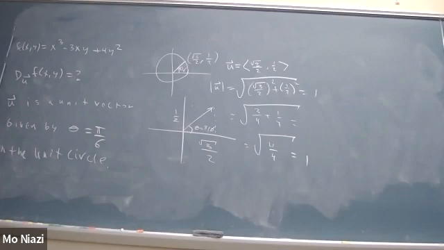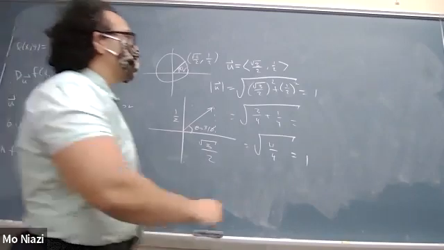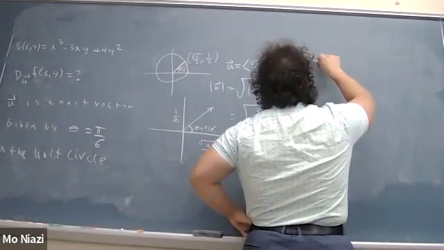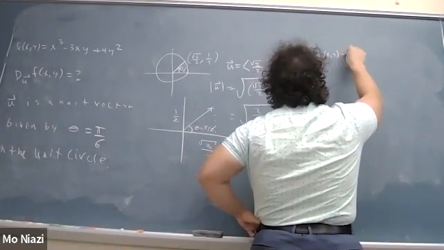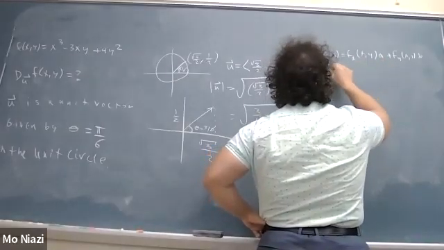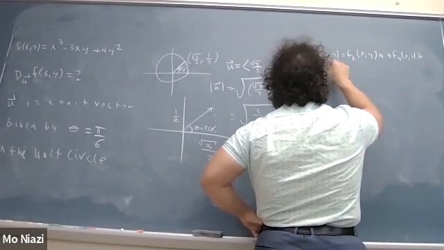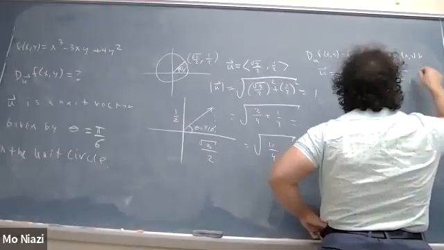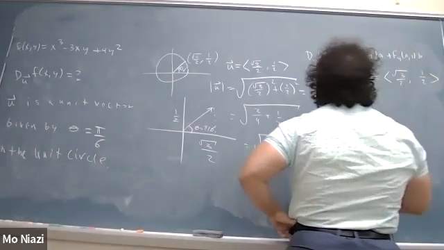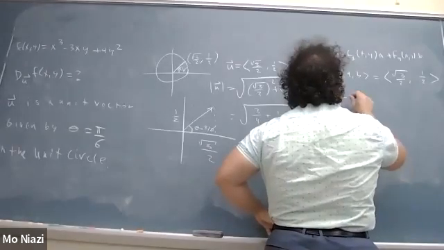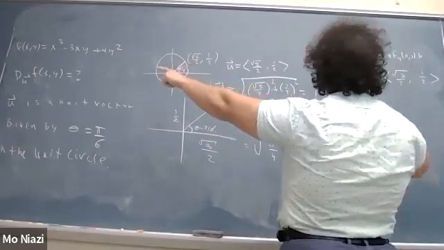So let's find the directional derivative. Remember, u is equal to (a, b). A is the square root of 3 over 2, and our b is 1/2. Notice that this thing is partial f, partial x, and now we have to compute the partial derivative with respect to x.